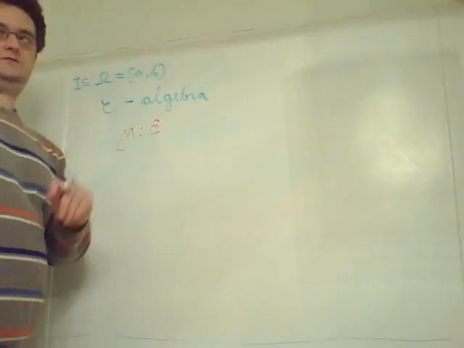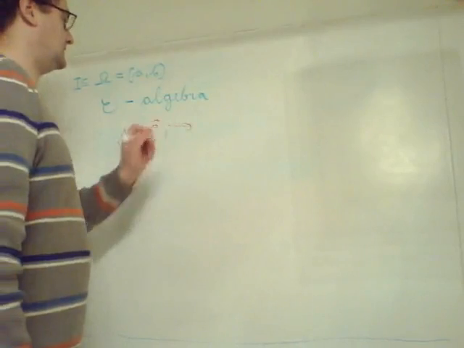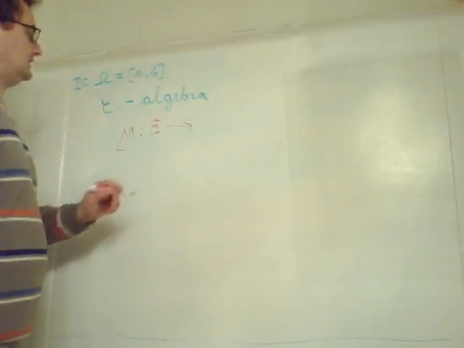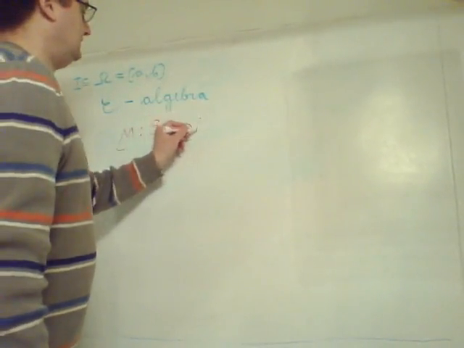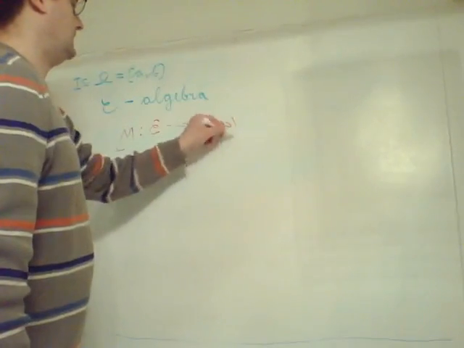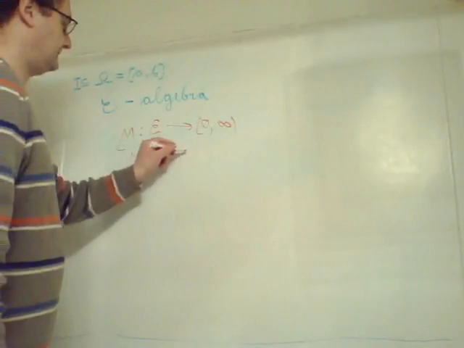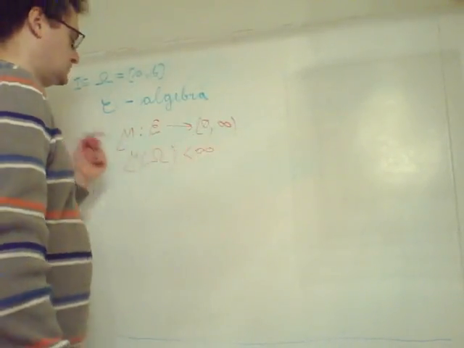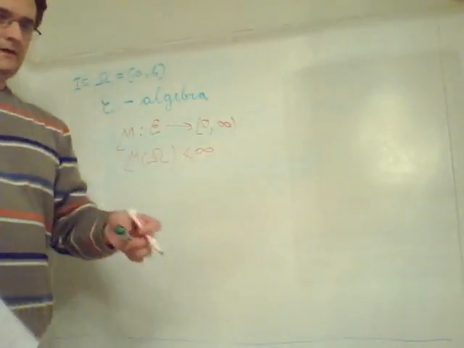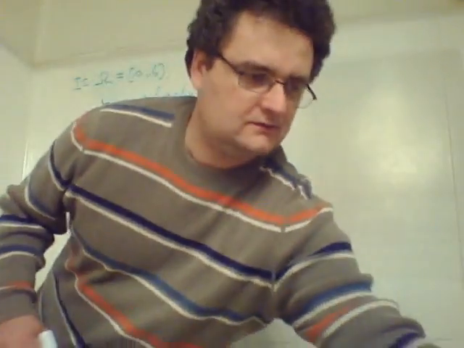In this case, we will think of E as elementary sets. Non-negative. All right. And if mu of omega is finite, in our case it's actually 1.